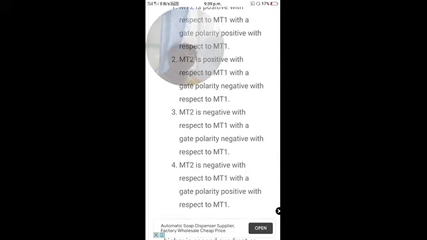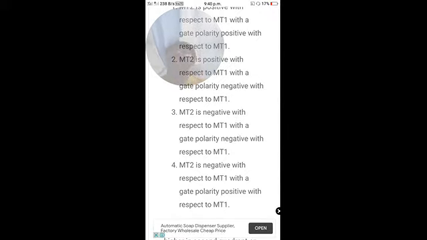So in the third and fourth modes, the MT2 is made negative with respect to MT1. In the mode 3, gate is positive, but in the mode 4, gate is negative. That is how we connect the voltages, gate voltage and the voltage connected between the terminal 1 and 2, which will allow the triac in 4 different ways of operation.